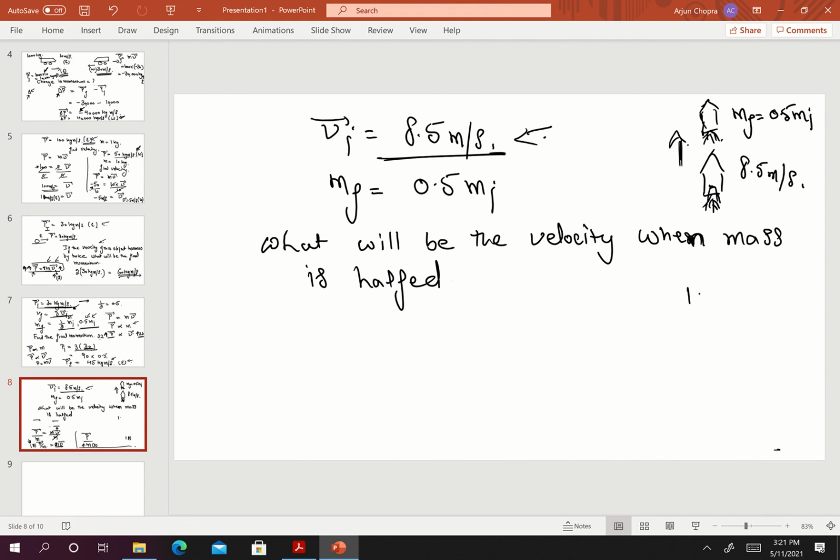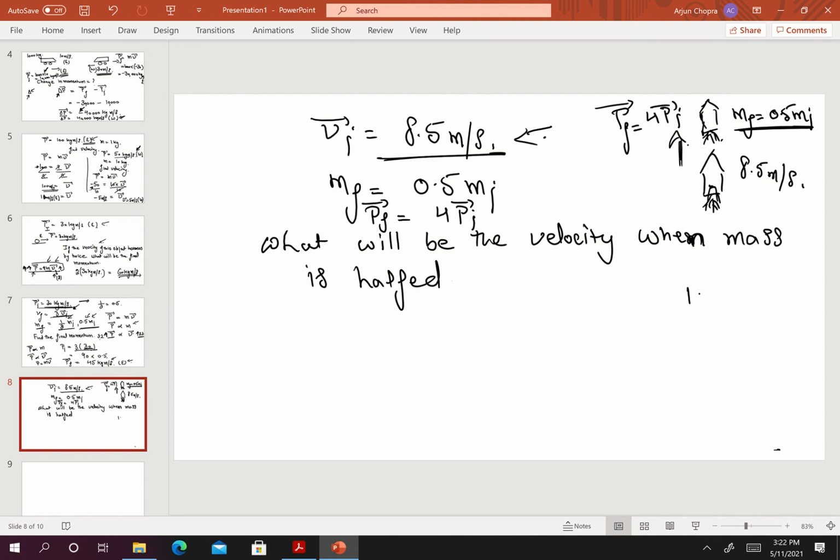P final is equal to 4 times P initial, meaning when the mass is halved, the momentum has increased to 4 times. P final here is equal to 4 times P initial, and I wanted to find the final velocity in this case.